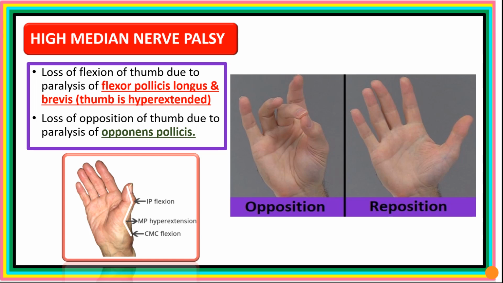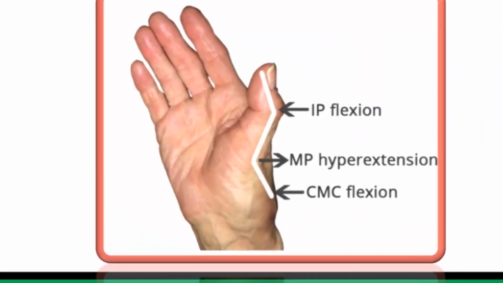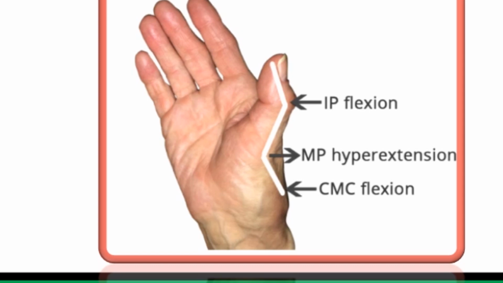We also remember that the thenar muscles are also innervated by the median nerve, the recurrent branch of the median nerve, which is a branch from the lateral division. So the thumb will be hyperextended. As you can see here, there is hyperextension of the thumb at this point.